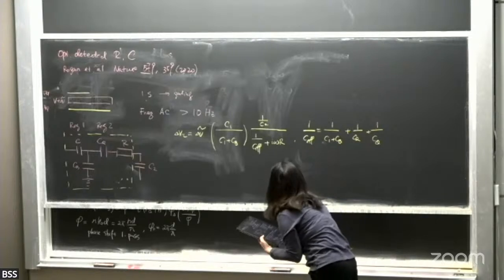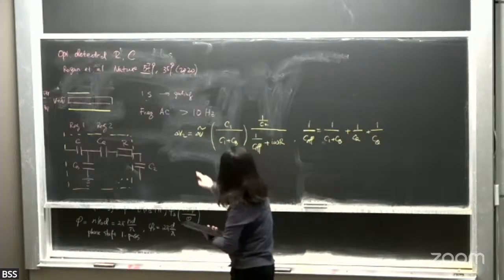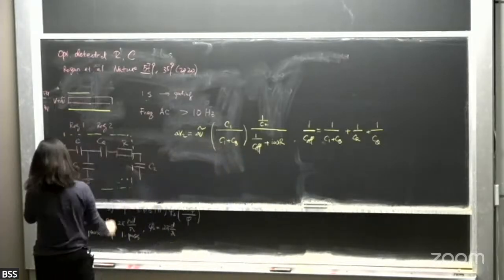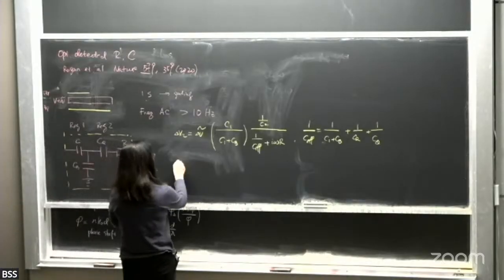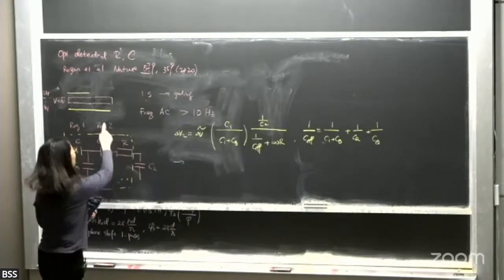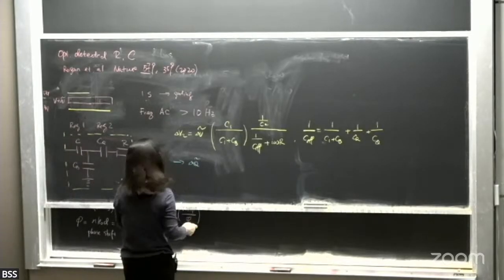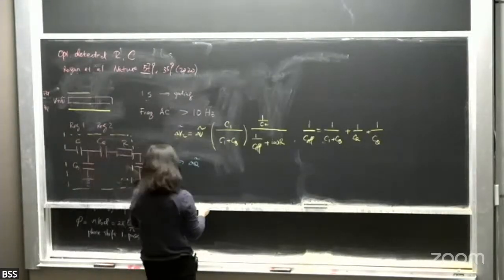Okay. So then this voltage change induced by the AC excitation is going to induce charge on this side, right? So induced AC charge is proportional to this. This is also AC voltage, right?